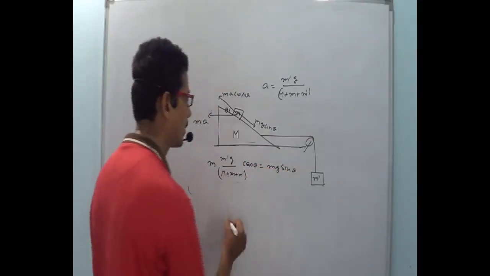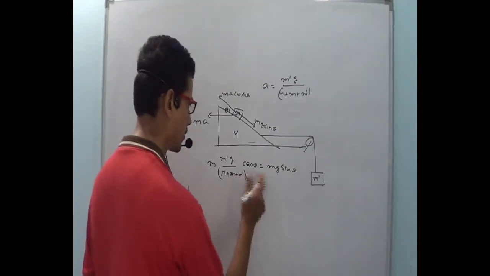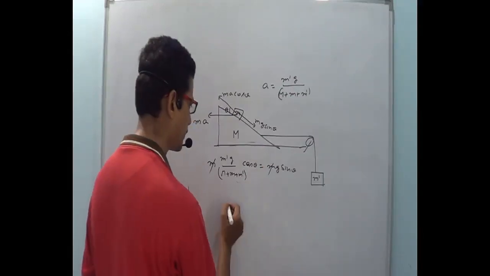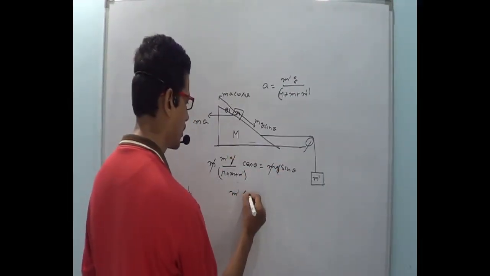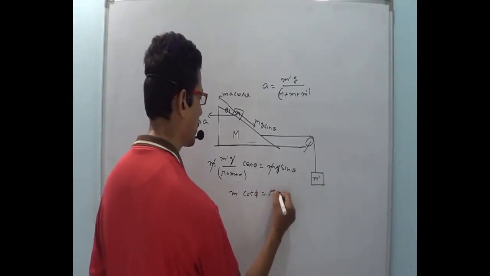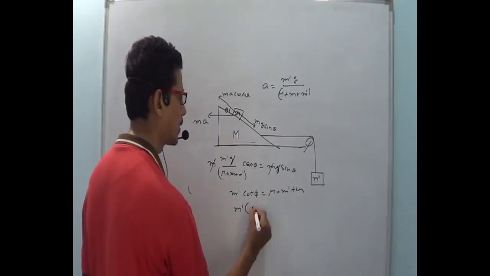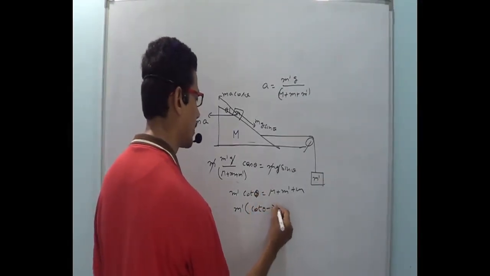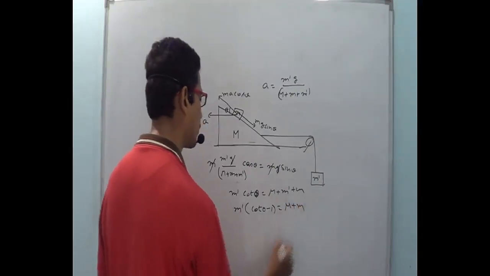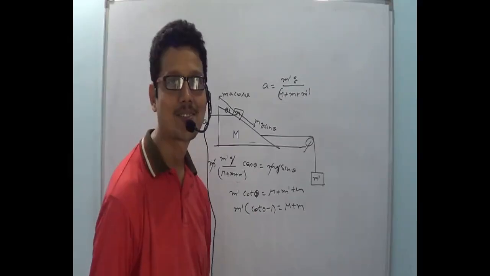Then find m dash: this m cancels, g cancels, so m dash cot theta is equal to m plus m dash plus m. Taking m dash common, cot theta minus 1 is equal to m plus m. So what is the answer for m dash? m plus m by cot theta minus 1.